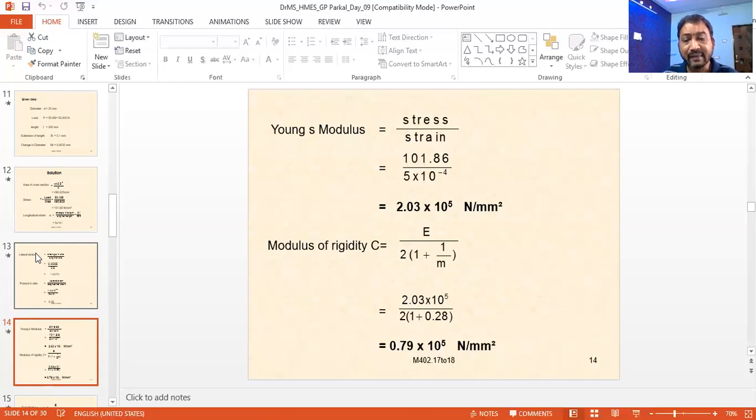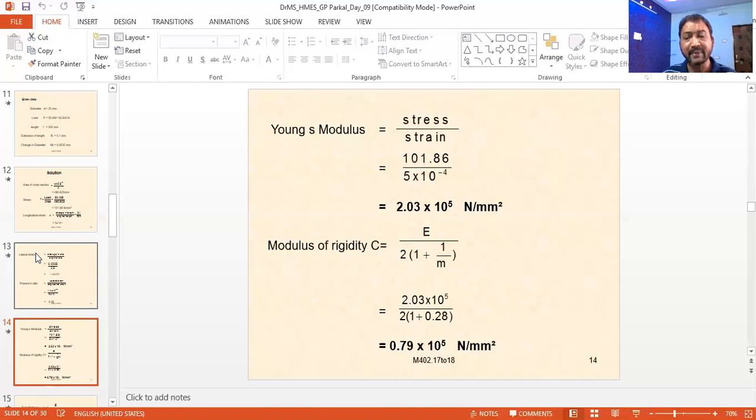The next one is the modulus of rigidity, C. We have the equation E is equal to 2C into 1 plus 1 by m, whereas the value of C in terms of E and 1 by m is C is equal to E by 2 into 1 plus 1 by m.